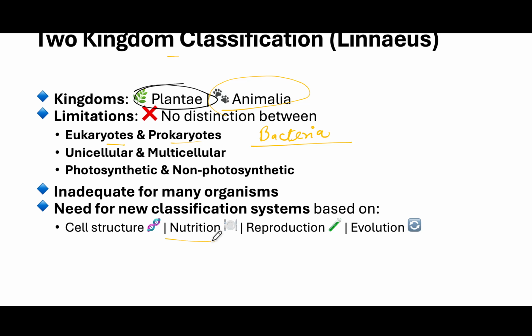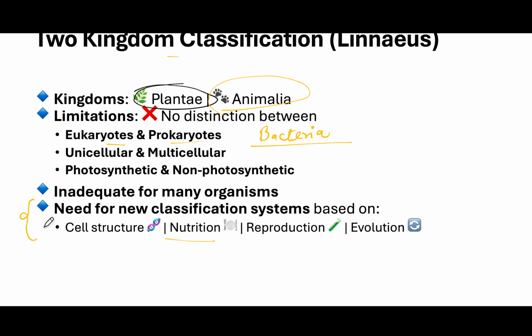If heterotrophic, then whether saprophytic or holozoic. Then how the organism reproduces, sexually or asexually, and if asexual, what kind of asexual reproduction. It should also be based on evolutionary relationships. These are the points scientists should consider before classifying organisms into categories.